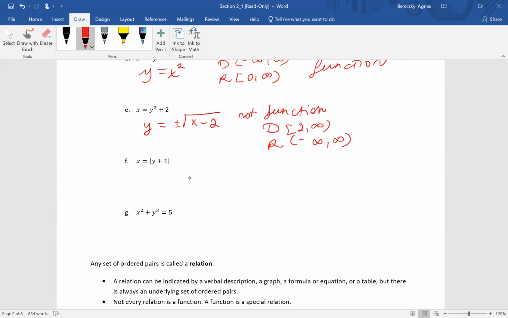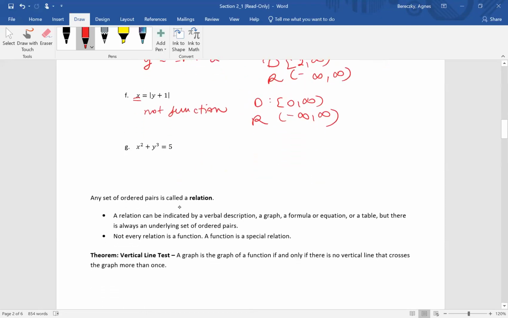So this relation is not a function. And this time x is expressed in terms of y. Our domain will be 0 to infinity, and our range will be from negative infinity to positive infinity.